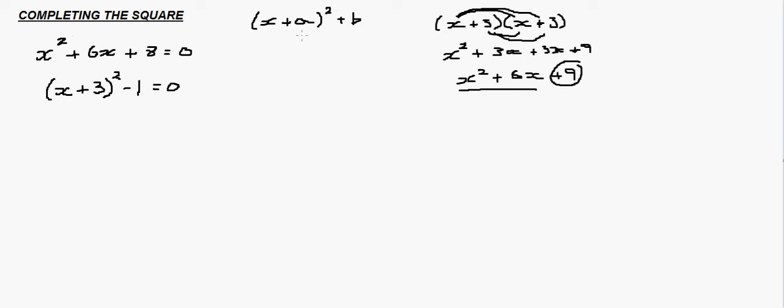Now, if we're going to solve this, we want to find out what x equals. So the first thing I need to do is move this random 1 across. So I'll have x plus 3 all squared equals, now if minus 1 comes over here, it becomes plus 1.